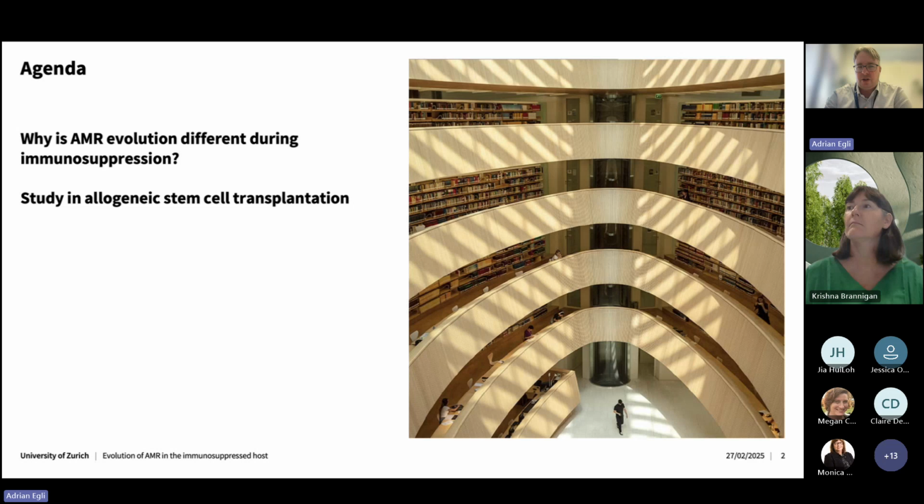It's not from my lab, it's a study in mice. And then I will show you a study we are currently running in allogenic stem cell transplantations. And that's very early work, unpublished work I will show you. So you have a bit of everything, theory, mouse work, and then transition to humans.